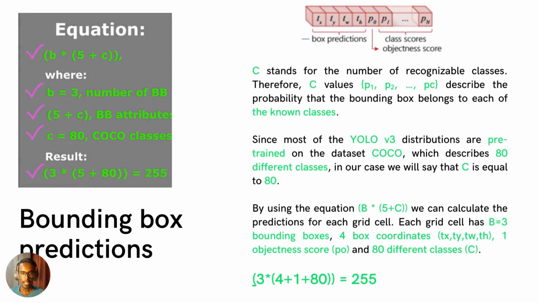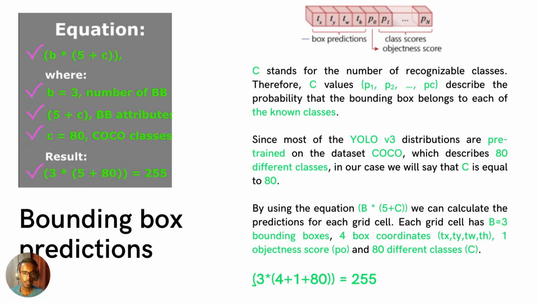So the remaining part will be the class predictions. C stands for the number of recognizable classes. Therefore, C values from P1 up to PC describe the probability that the bounding box belongs to each of the known classes.